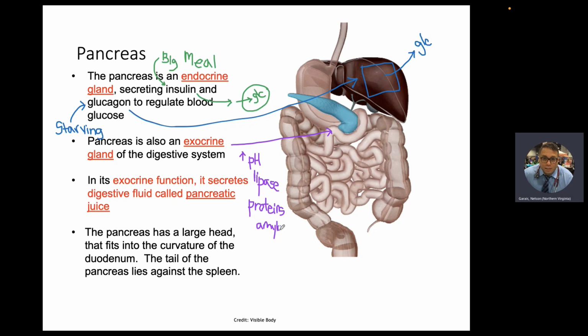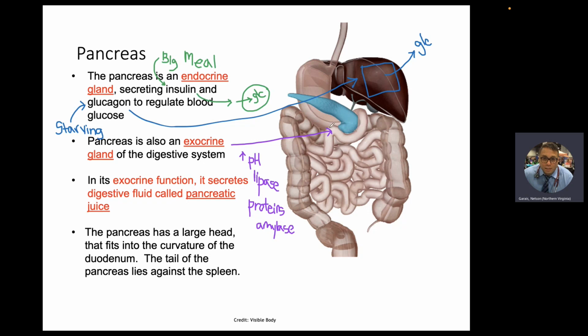So this slide is really chunky. It's got a lot of juicy things, pun intended. So the pancreas is very important. If you get pancreatic cancer, that's why the prognosis is very bad, because you could see how important the pancreas is, and it has a head here and a tail right here.